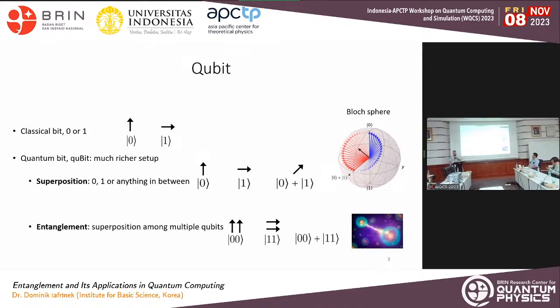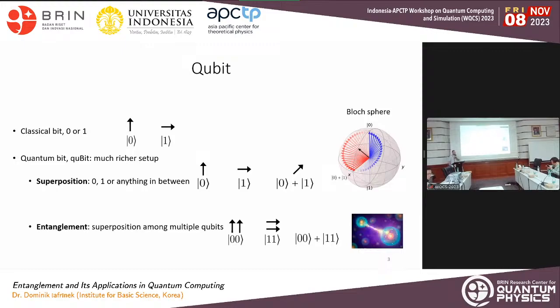So what is a qubit? You have a bit, right? So one simple bit is either 0 or 1. So it's either on or off. But the qubit is something different because you have 0 and 1 and anything between. Anything between is a superposition of 0 and 1.